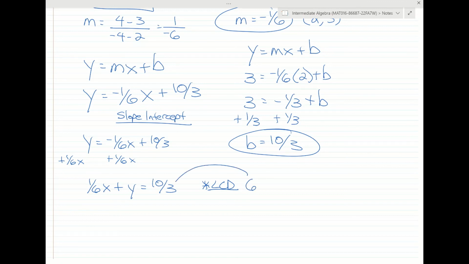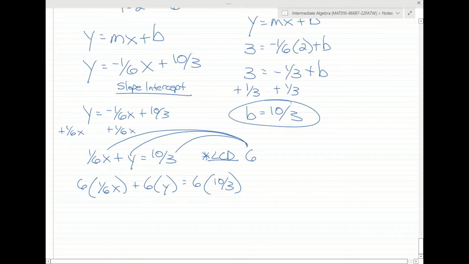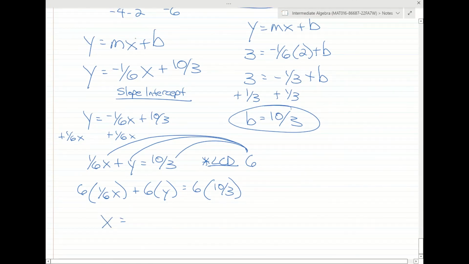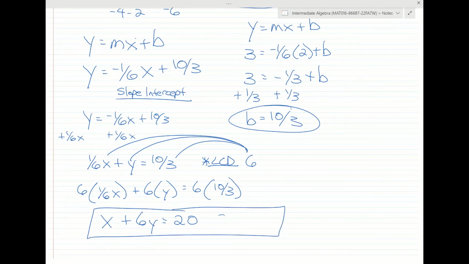We're going to multiply everything by that LCD. 6 times 1/6 x plus 6 times y is equal to 6 times 10/3. So just x plus 6y is equal to 20. That is standard form.